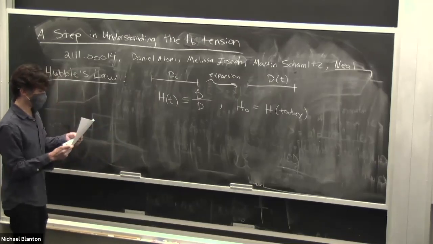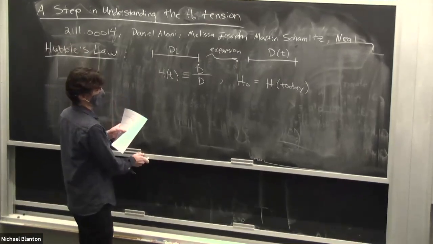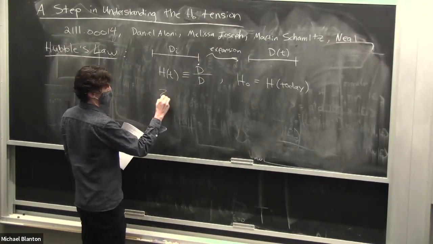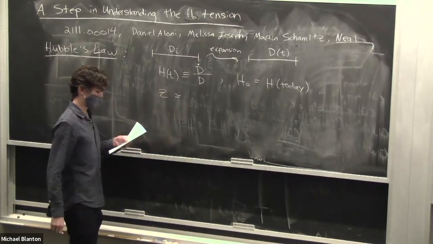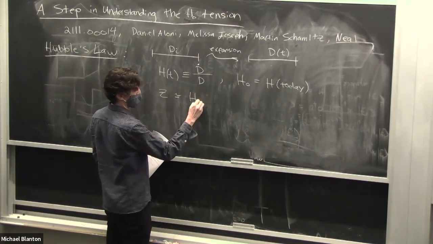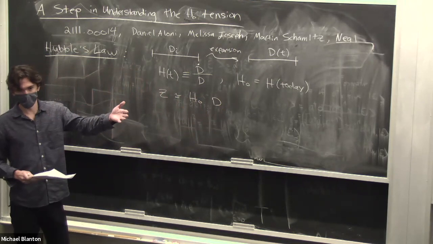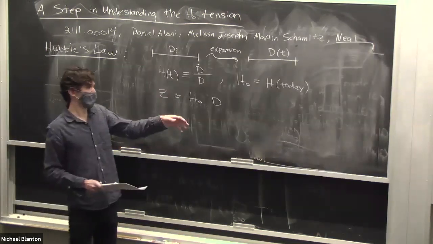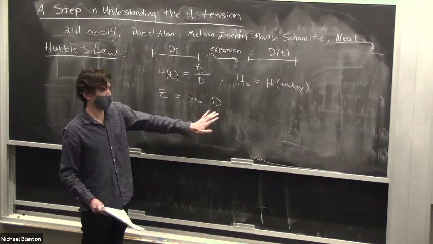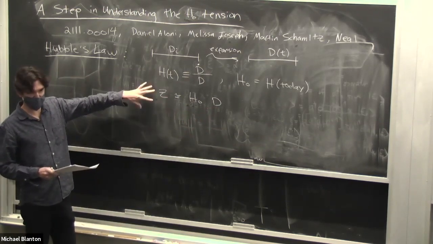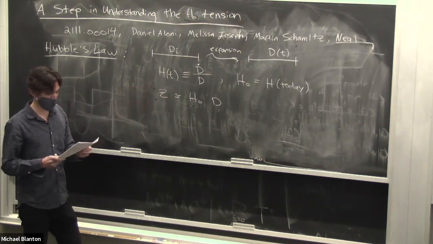And Hubble's law states that, at least for objects that are close to us, their redshift is approximately just given by H naught times d. So if you see some distant galaxy, at a certain distance away, you take H naught and multiply it by that distance. This tells you what the redshift of the galaxy is, or how fast it's moving away from us.